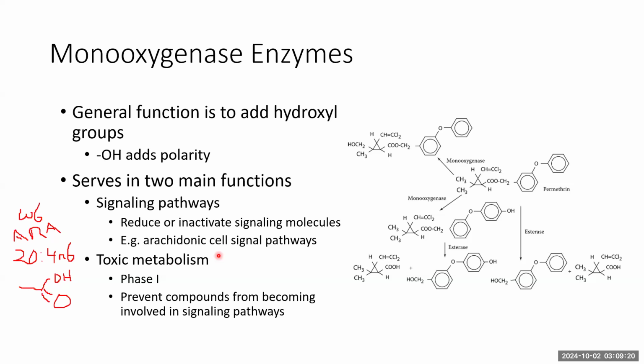And by throwing all sorts of hydroxyl groups on them, we can prevent toxic compounds from getting intermingled and tangled up in our cell signaling pathways. And so here's one particular toxic compound, and we can see that there are monooxygenases involved in a couple of steps in the breakdown of this whole compound.